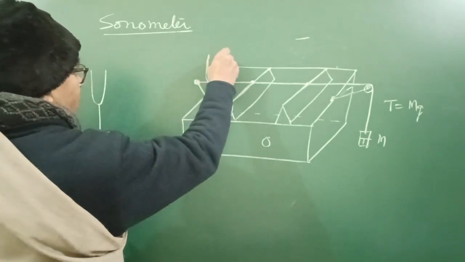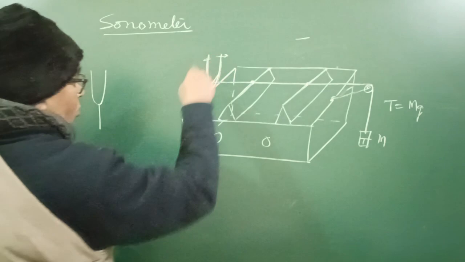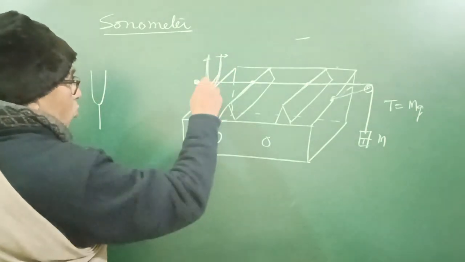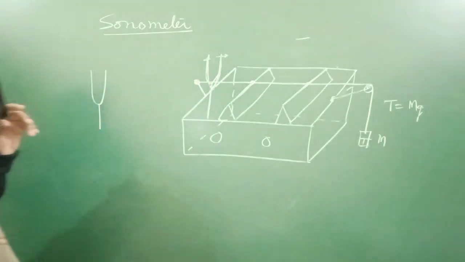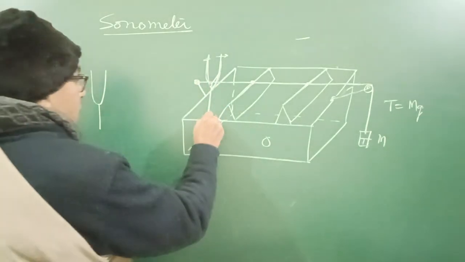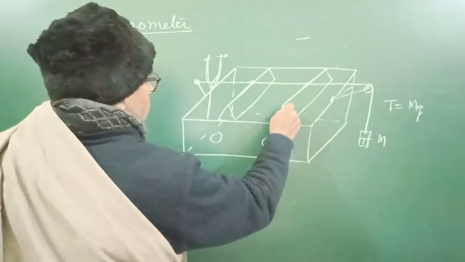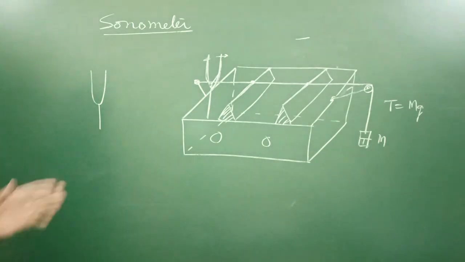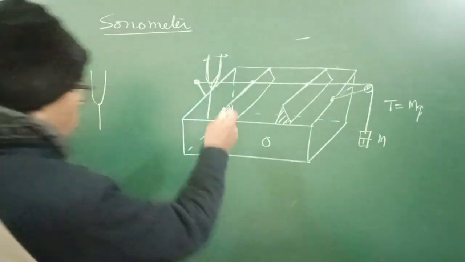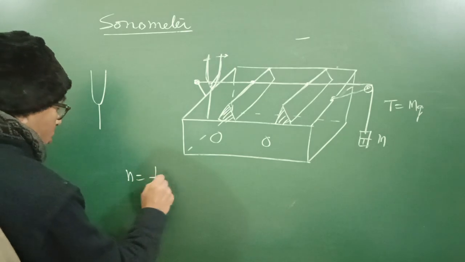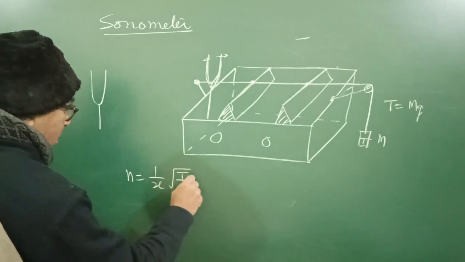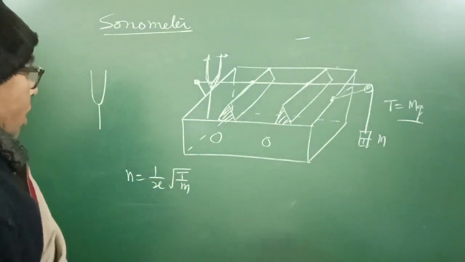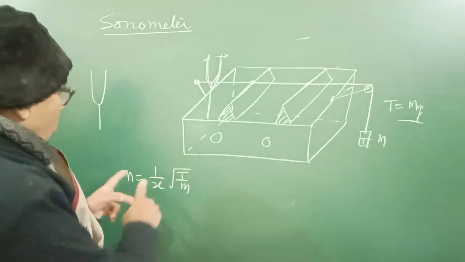I told you the vibrations are transverse; those transverse vibrations produce waves which go through air into this, and each time produce longitudinal oscillation and strike the material and produce vibration in the string. You know the vibration of string in the simplest mode, n equals 1 by 2L root T upon m. T may be obtained from here. When length is small, frequency is high.